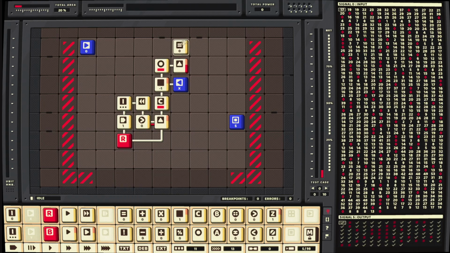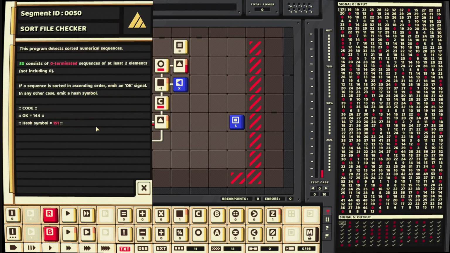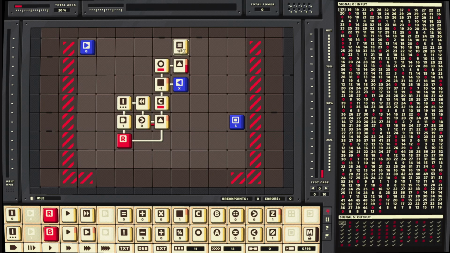And we'll say, very well then, you shall become the value 151 and be sent to the output.